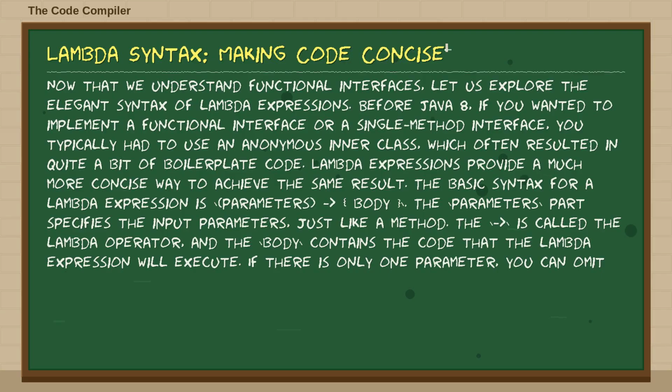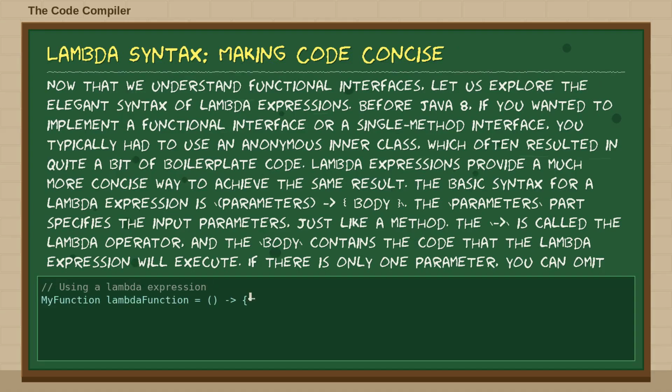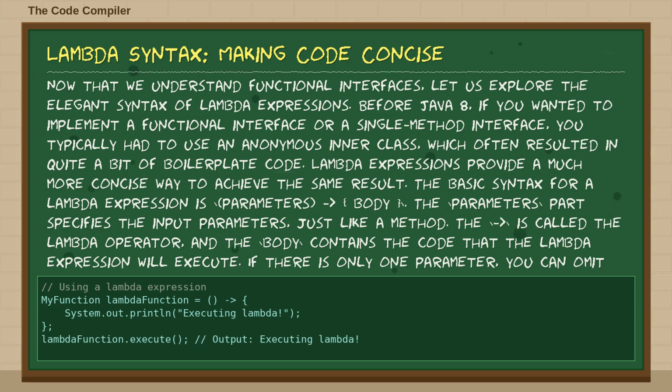If the body consists of a single statement, you can also omit the curly braces and the return keyword, making it even more compact. This makes your code significantly shorter and easier to read, especially for simple operations. See how we can replace an anonymous inner class with a simple lambda.